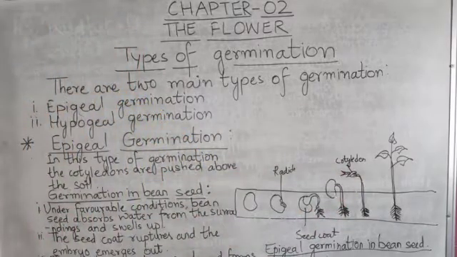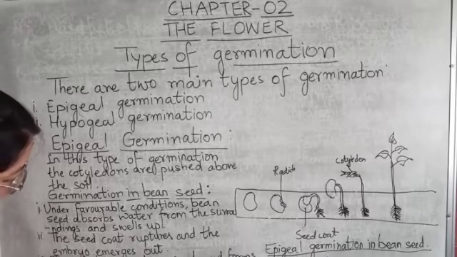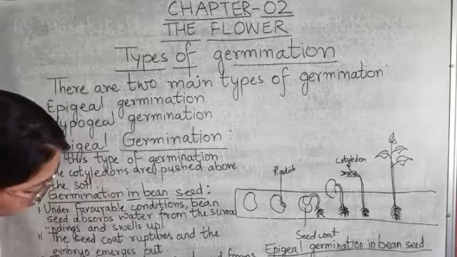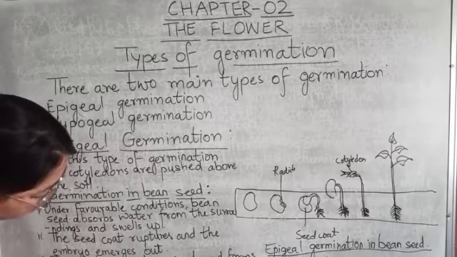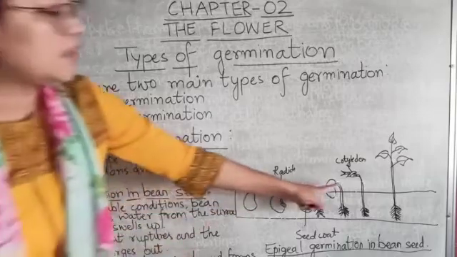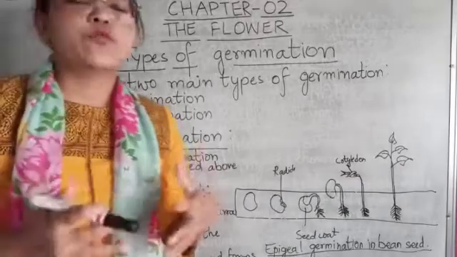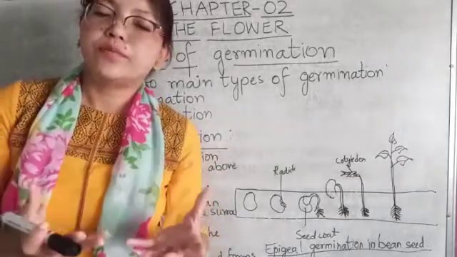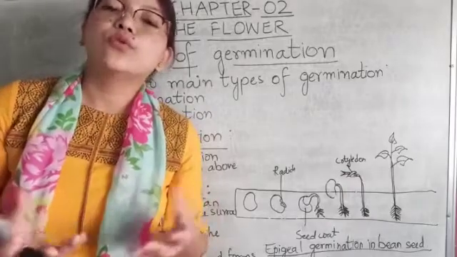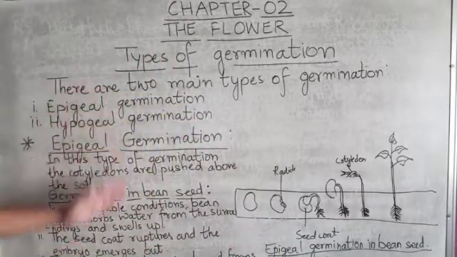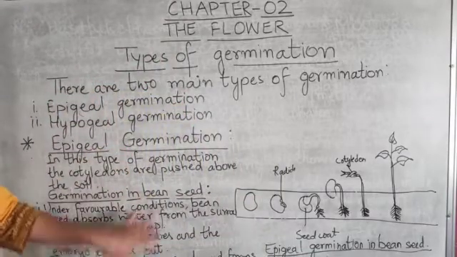Then the plumule forms two green leaves. You can see here it forms two green leaves. Then the cotyledons provide food for the plant and help in its growth, and later on they fall off. So this is how germination takes place in the bean seed.